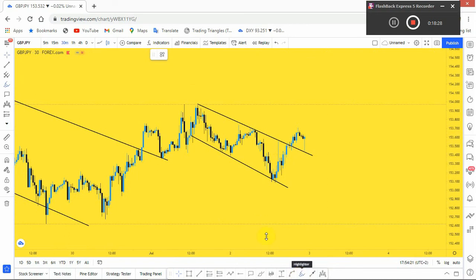Okay, so let me be quick. So first touch, second touch, third touch, break, retest. On Monday, further push. Now the market is closed, but before it closed, it gave us a nice retest.